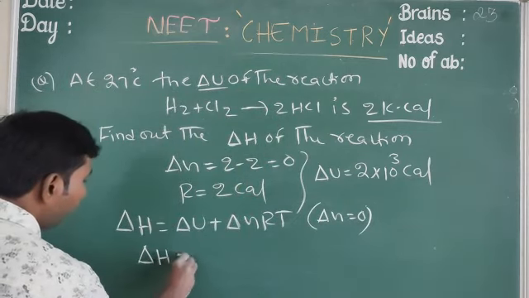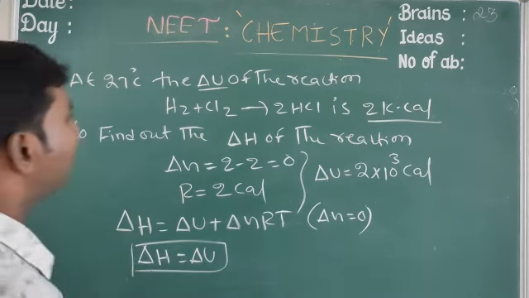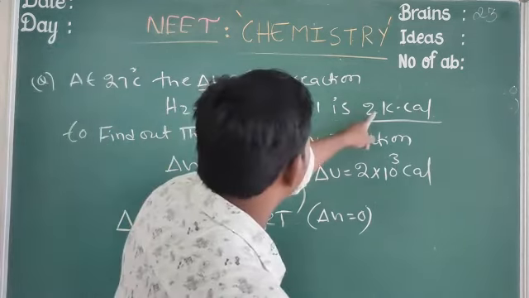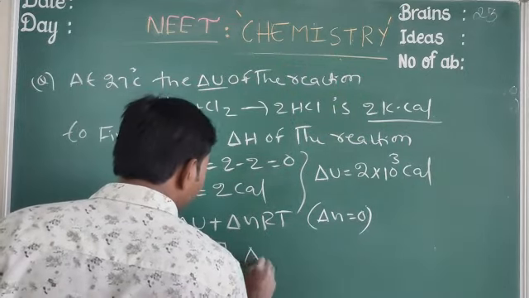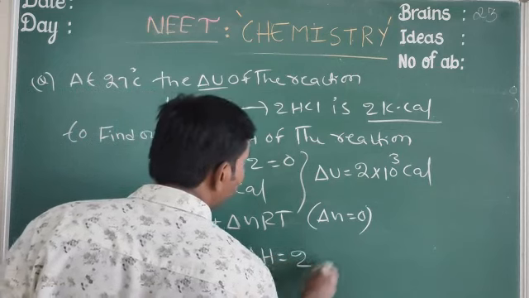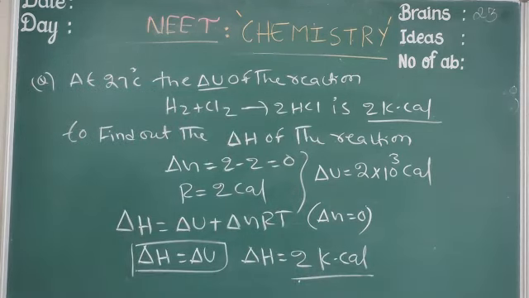Now del H equal to del U. That means the internal energy value is 2 kilocalories, that only is the enthalpy value. That's why del H equal to 2 kilocalories.